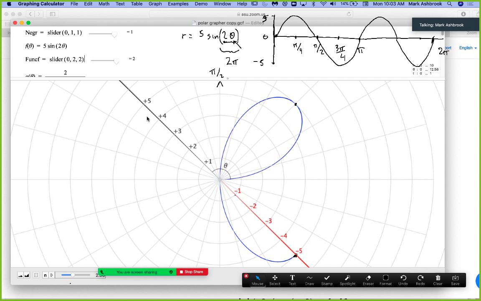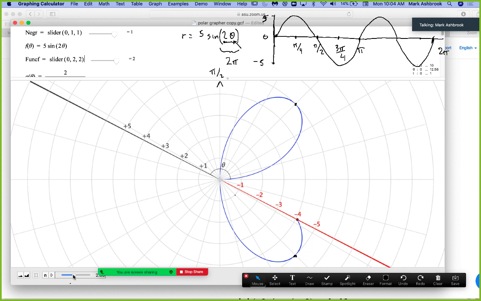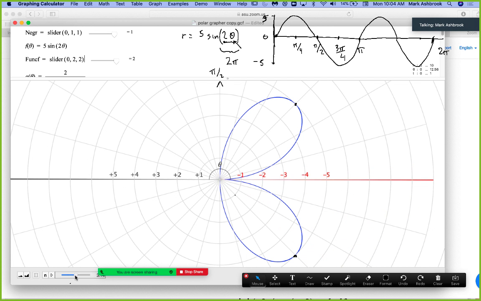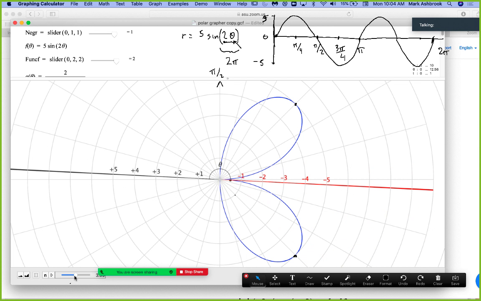So as we go through these angles here, we'll start at -5, and our r will decrease back to 0 by the time we get to pi. So that'll just finish out that leaf. So increasing slowly at first, now increasing rapidly, so you get to pi, where you're back to 0.